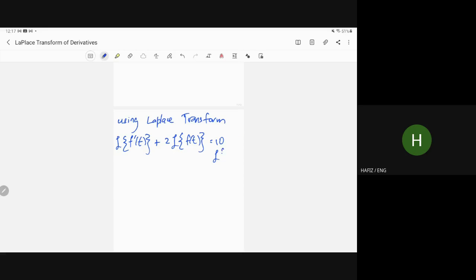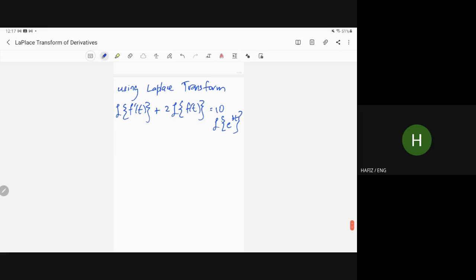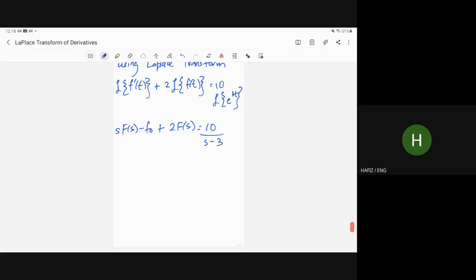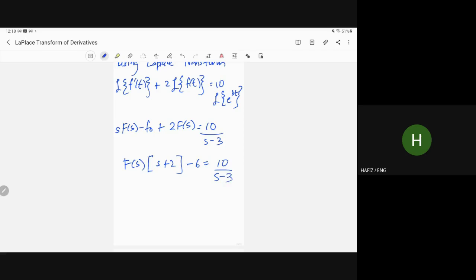So here we have sF(s) minus f(0) plus 2F(s) equals to 10 over s minus 3. Then f(0) is 6, but you can first factorize the F(s) into s plus 2. f(0) is 6, and 10 over s minus 3.